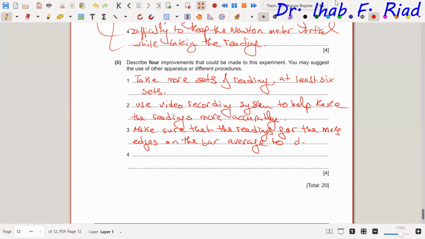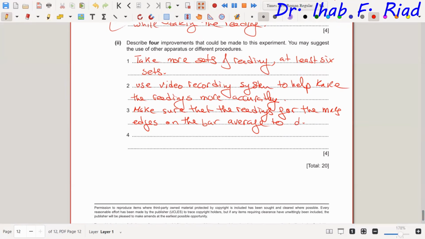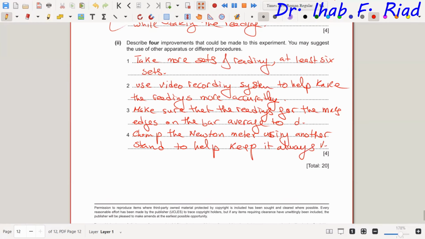Okay. Clamp the Newton meter using another clamp to help keep it always vertical.